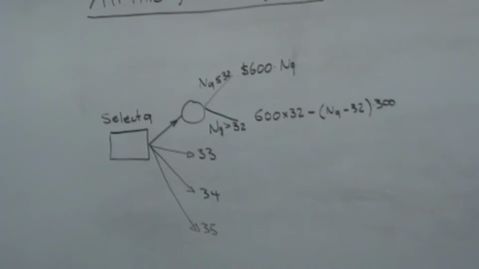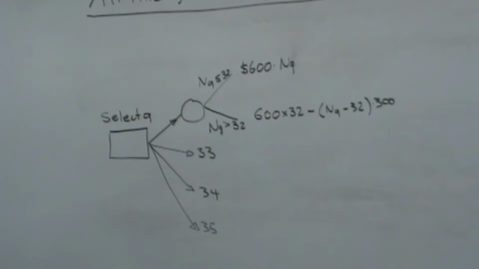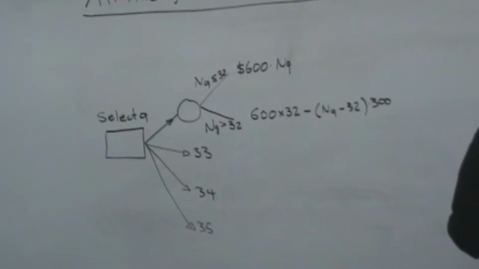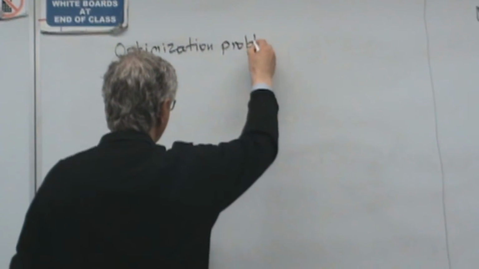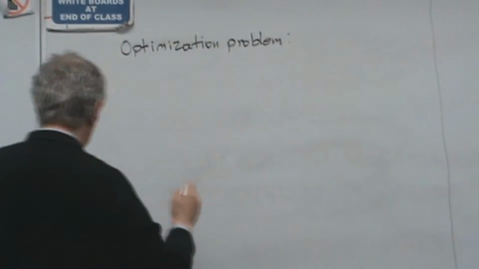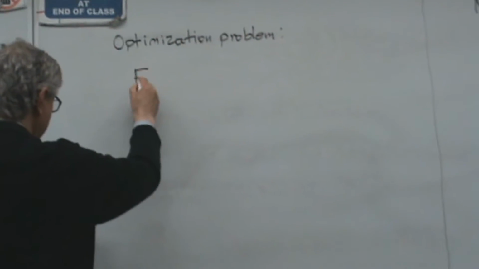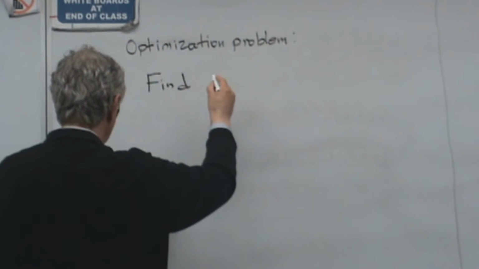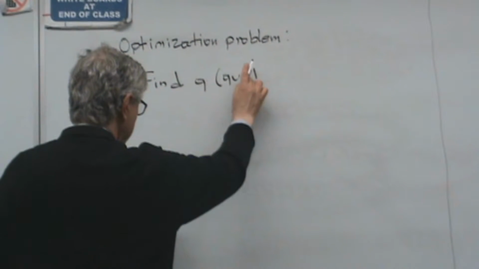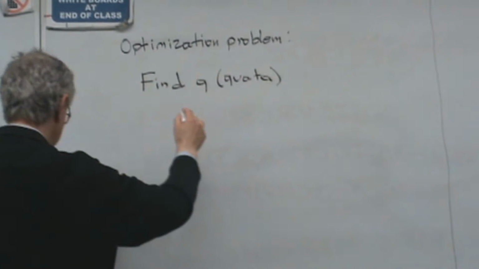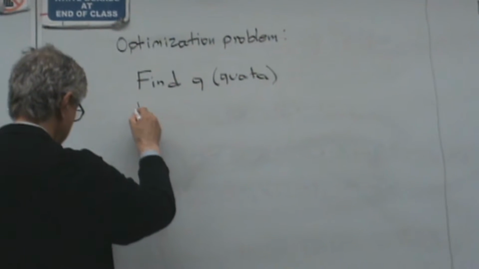So let's talk about the definition of the optimization problem. The problem is to find the quota. This is the design variable or decision variable, Q, quota, to maximize expected profit.